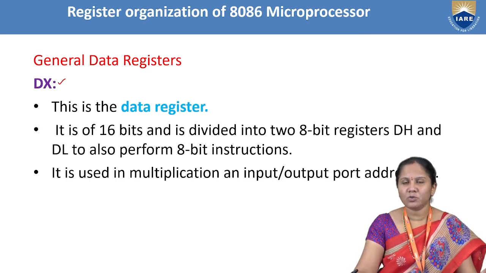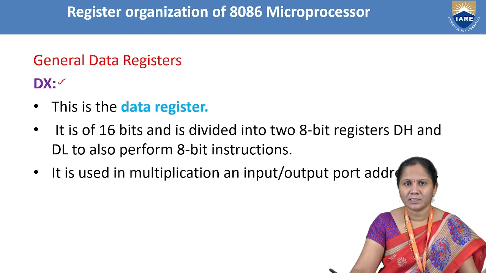And why DX is called the extended accumulator: suppose, for example, we take the multiplication operation. If you multiply any two 16-bit numbers, the result will not be 16-bit. The result will be greater than 16 bits. In such cases, the lower order 16-bit result will be stored in the AX register, whereas the remaining higher order result will be stored in the DX register.